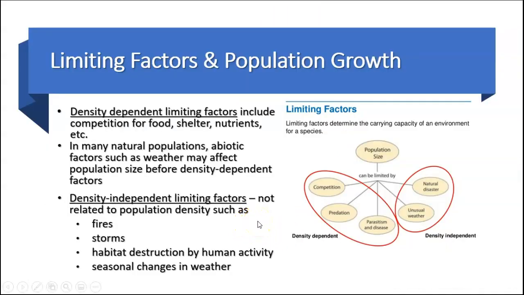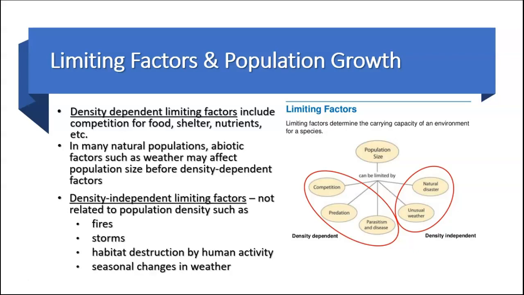So there are various kinds of limiting factors that can limit the population growth. As you see in the picture here on the right hand side, population size can be limited by competition, or a predator after them, or some kind of natural disaster or something like that. So there are lots of different things that can happen. We clump those into two categories: density-dependent limiting factors and density-independent limiting factors.